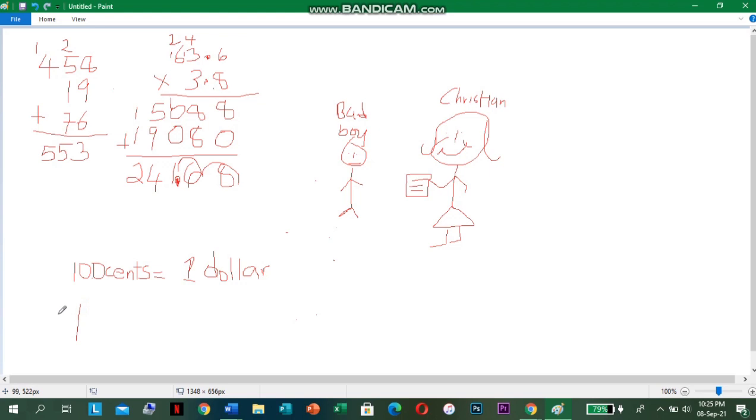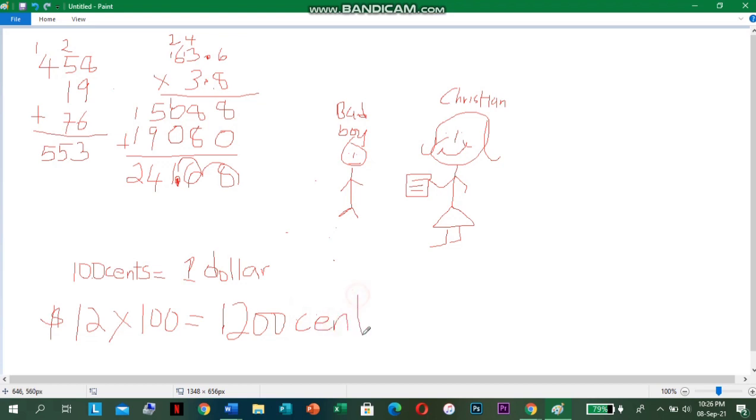So $12 multiplied by 100 cents will give us 1,200 cents.